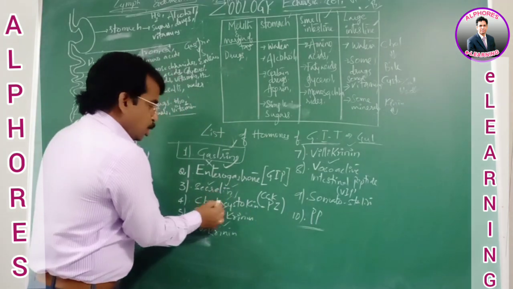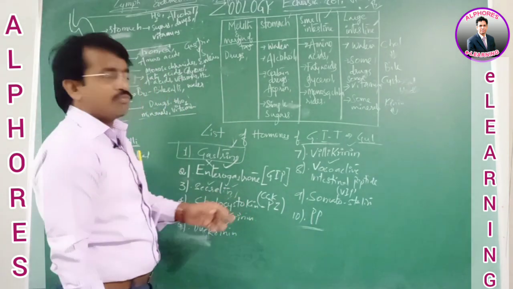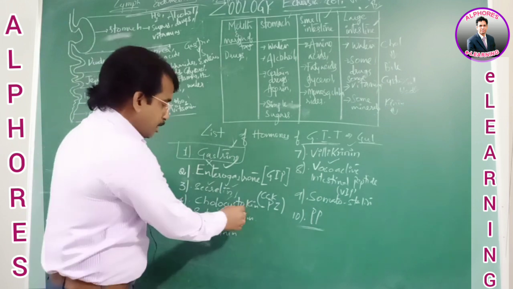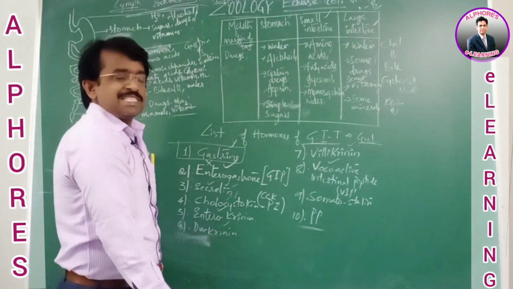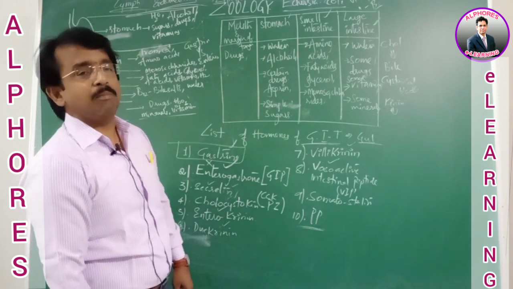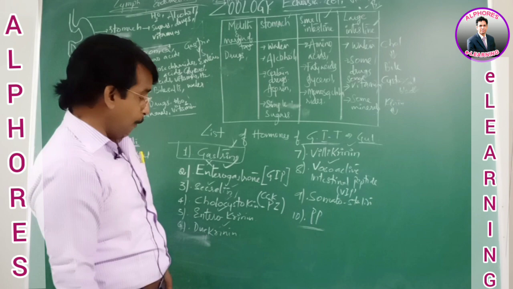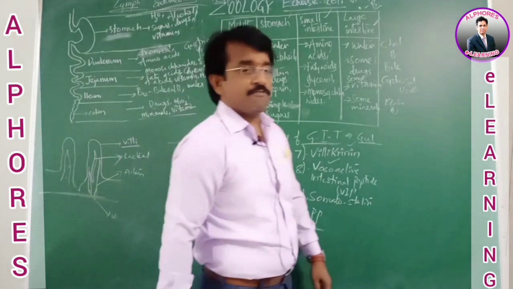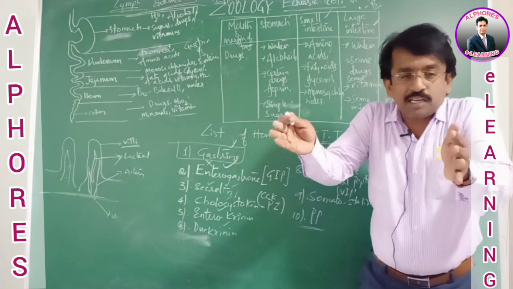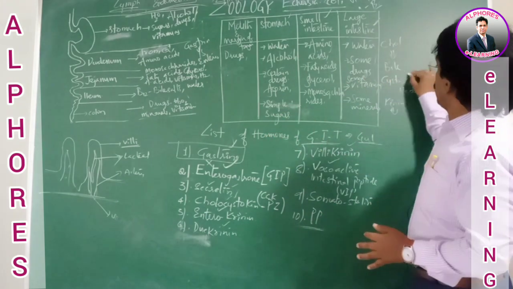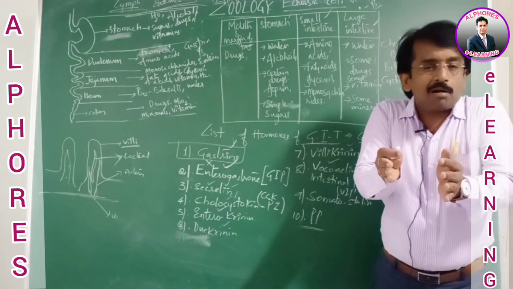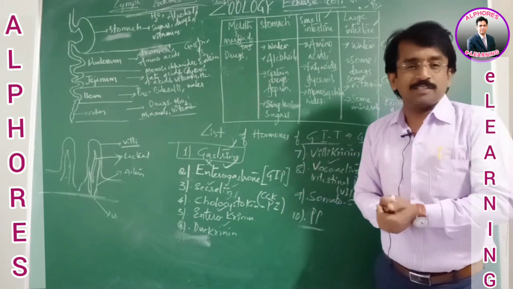So cholecystokinin is a hormone from the small intestine that stimulates the bile juice. It increases the bile juice secretion. How? Its functional role is that it constricts the gallbladder to release the bile juice.